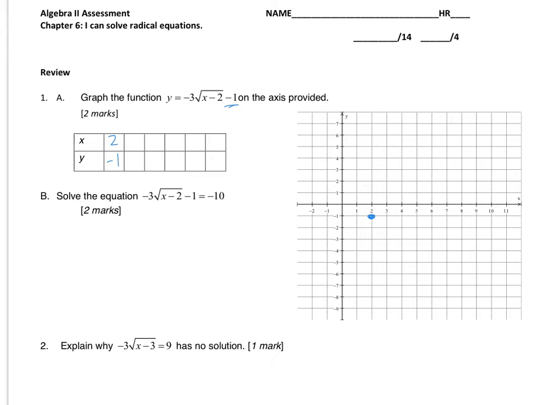I'm just going to do going up by 1 because we will get enough whole numbers that our graph won't be too hard. 4, 5, 6, 7.